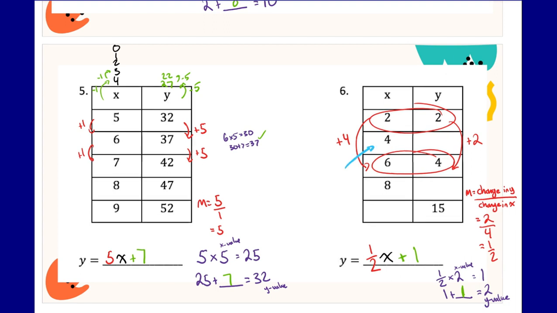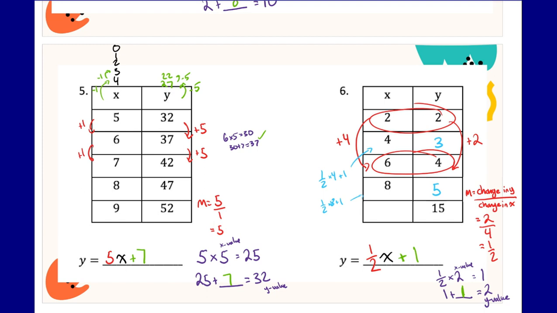I can fill in this value because 1/2 times 4 equals 2. And then add 1, so 2 plus 1 is 3. 8 times a half, or 1/2 times 8, is 4, plus 1, which is 5.